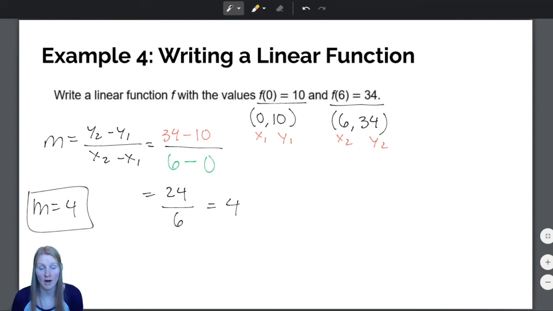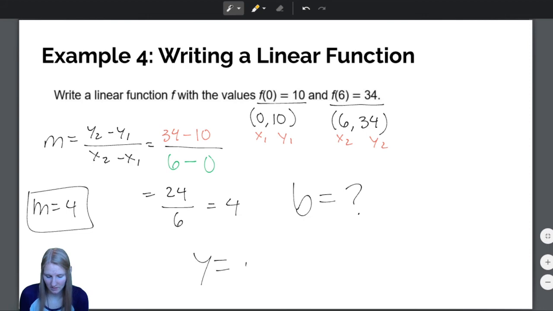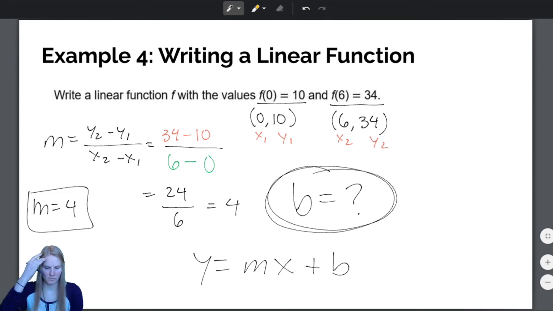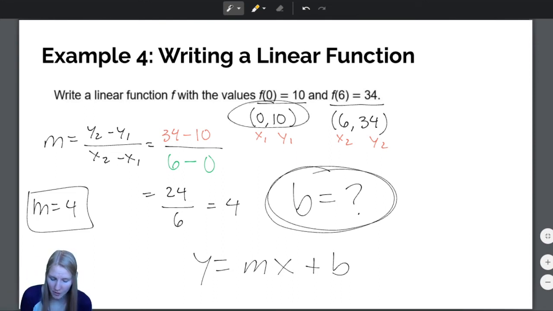Awesome. Great. Now we need to know, what is b, right? Because in the end, I want y equals mx plus b. But what is b? Well, remember, look at my first point. X is 0 and y is 10. So when x is 0, y is 10.